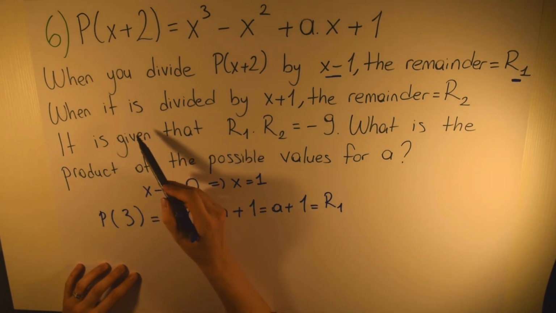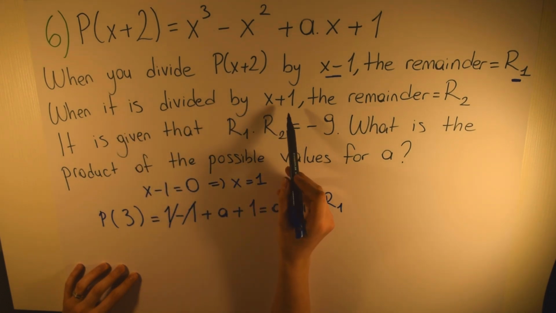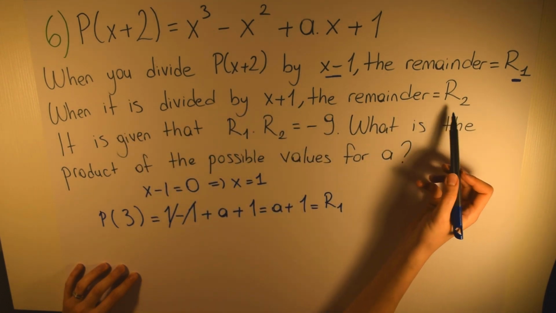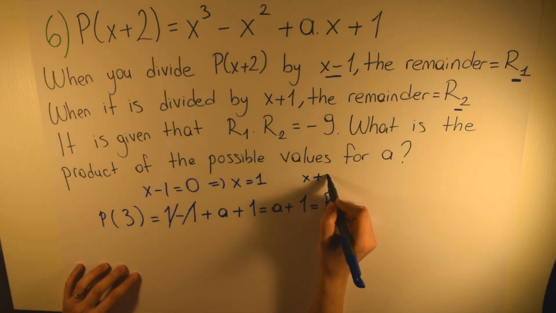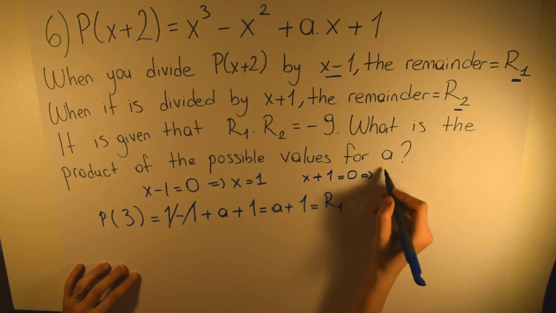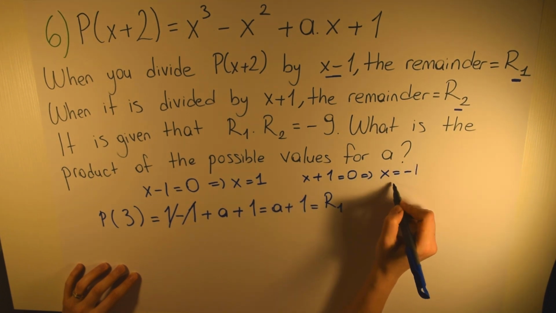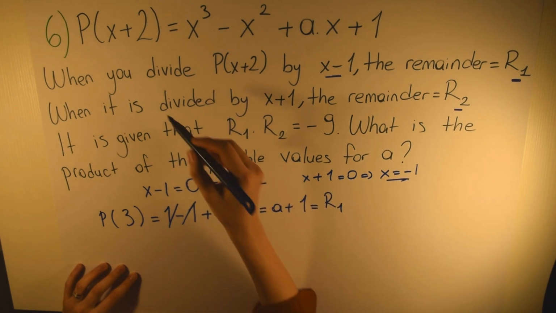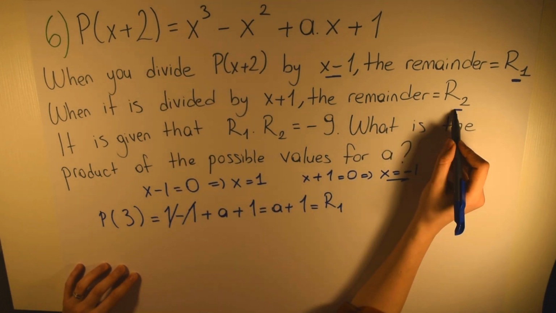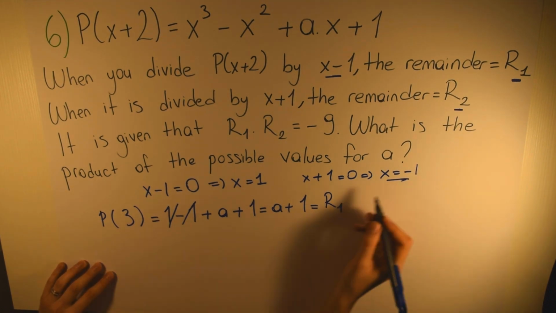Let's look at the second one. When it's divided by x plus 1, the remainder is equal to r2. So I will do the same thing. When you make x plus 1 equal to 0, you will get x is equal to minus 1, which means when you put minus 1 instead of x, here you will get r2. So let's do that.